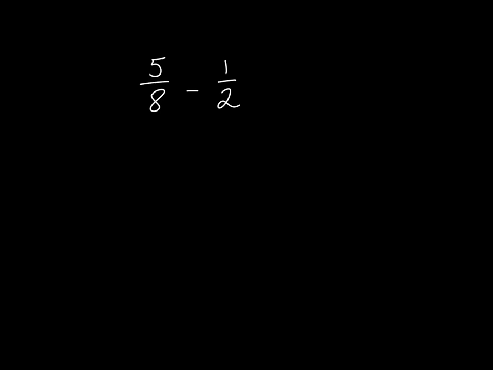Okay, once again, we will start by finding the common denominator. The smallest number 8 and 2 both go into is 8. And then this first fraction, 8 times 1 is 8. So 5 times 1 is 5. Notice the denominator didn't change, so the numerator doesn't need to change. For the second fraction, to get 8, we have to do 2 times 4.